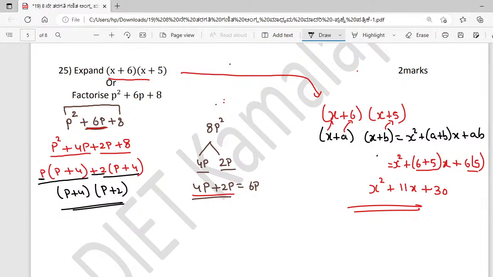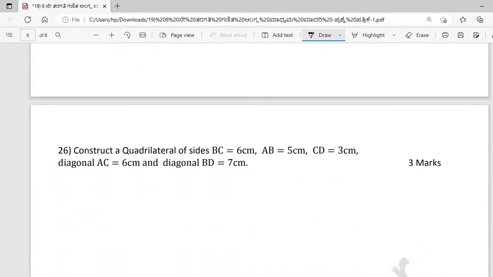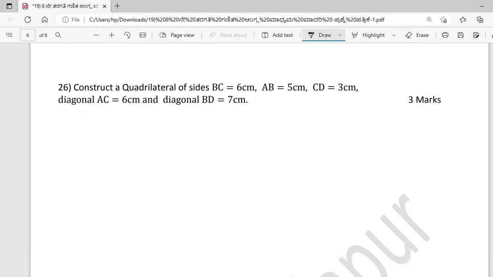There is a 26th descriptive question, which is the construction part. We are going to skip the construction part and the graph part. We will not be solving the construction part in this model question paper.